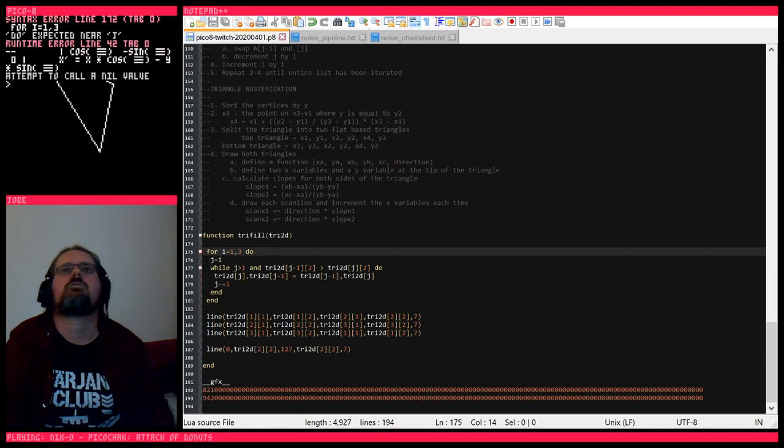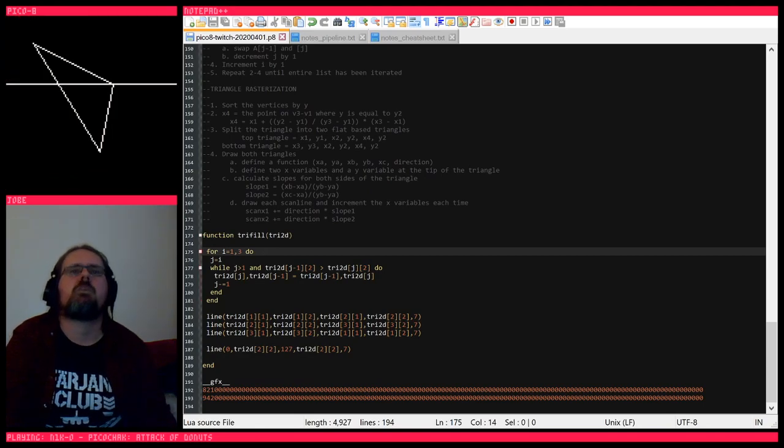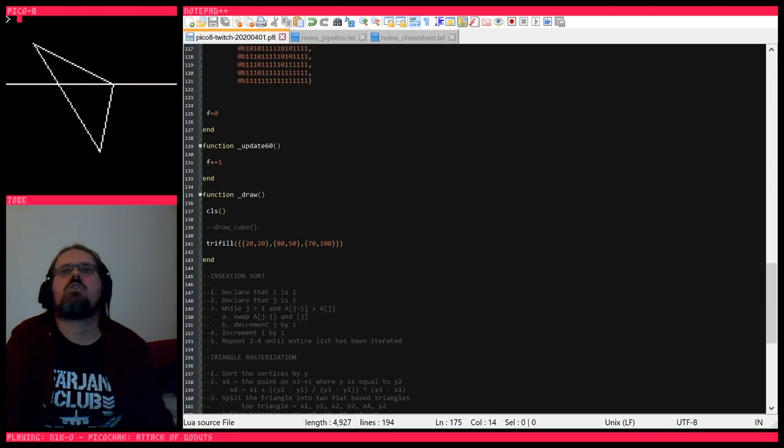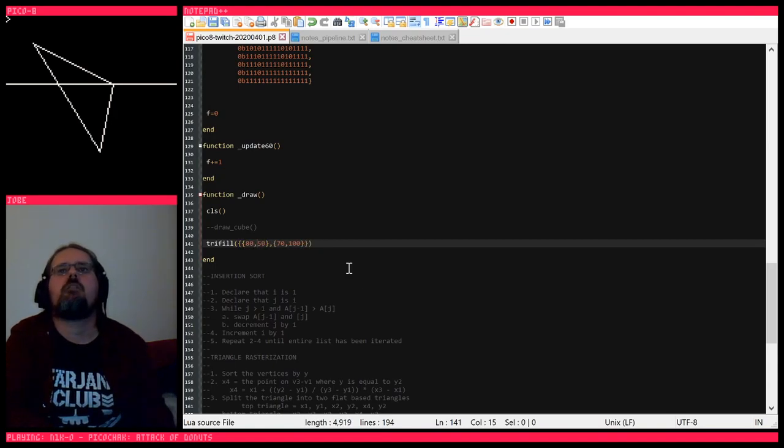Let's see if it's because of that. Yes, it was because of that. So now to test if the sort is actually working, because that was the second vertex, anyway, we'll swap the places of these two vertices. And now we know which of these is the middle vertex.